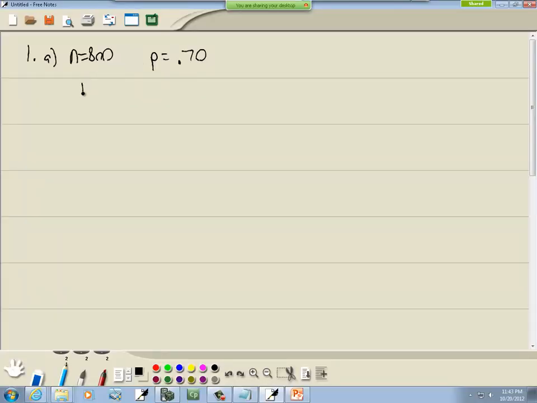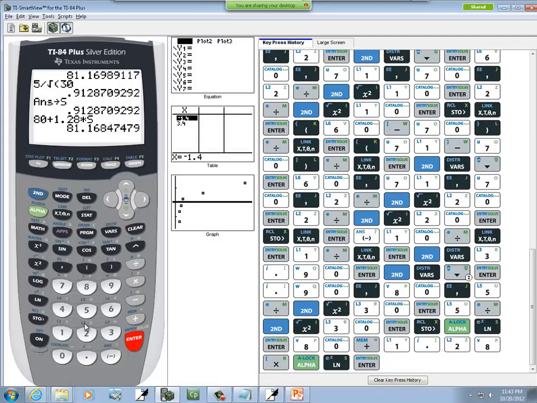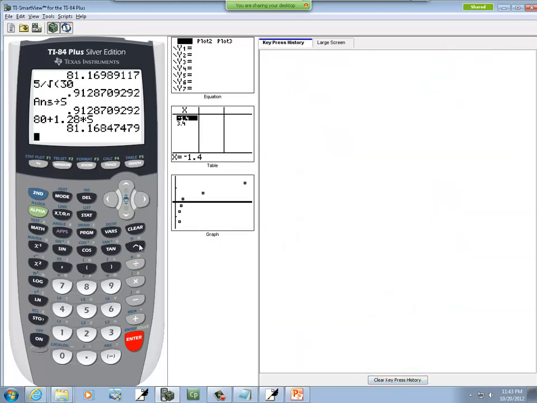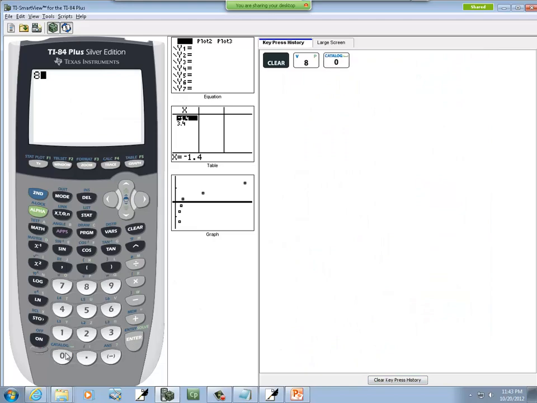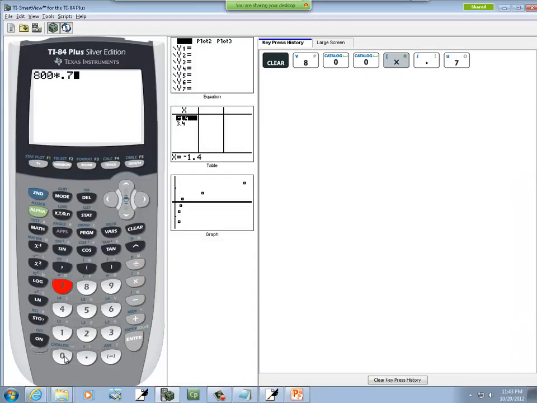Now, we want to verify that n times p times 1 minus p is greater than or equal to 10. So we've got 800 times 0.70 times, in parentheses, 1 minus 0.70.